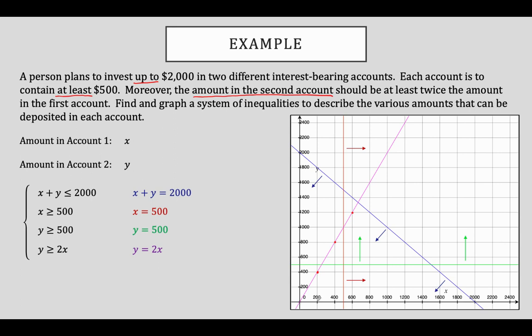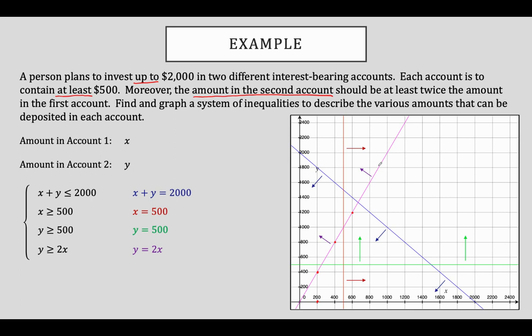An easy one would be 200, comma, 0. If I choose 200, comma, 0 as a test point, plugging in 200 for x, that gives me 0 is greater than or equal to 2 times 200. 0 is greater than or equal to 400. Well, that is absolutely not a true statement, which means we want to shade the region that does not include this test point, meaning for our purple line here, we want to shade up and to the left.